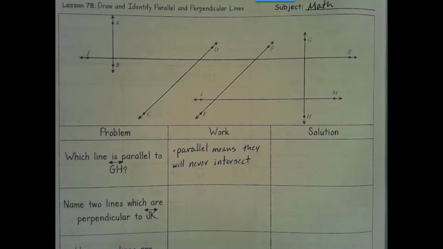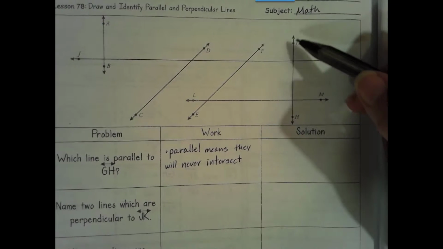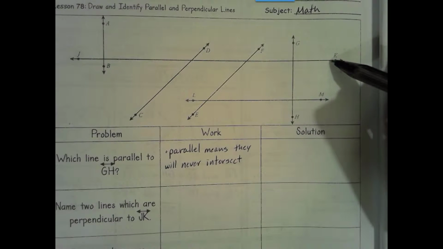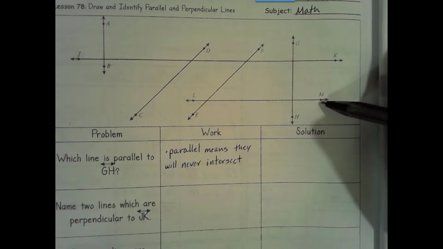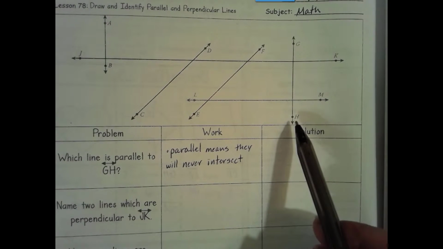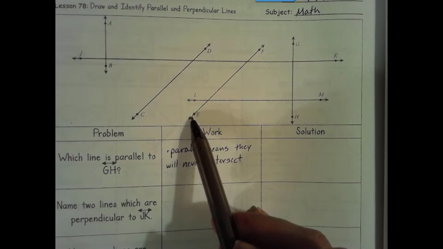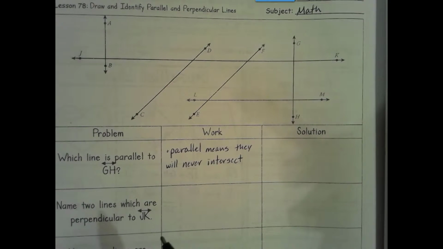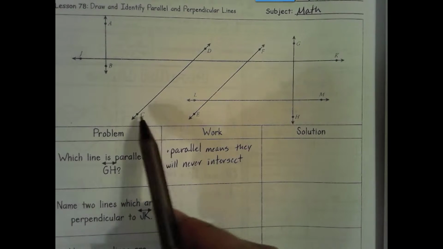So let's find GH. GH is right here. Well, I know it intersects KJ and ML, so those definitely are not parallel. GH compared to FE is not the same distance the whole way. They will intersect eventually. Same with CD.